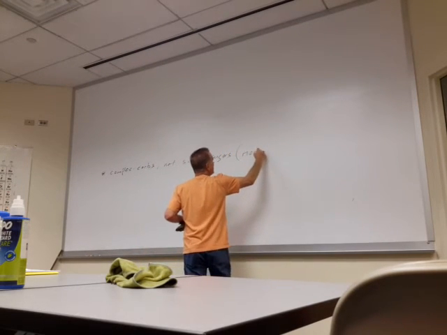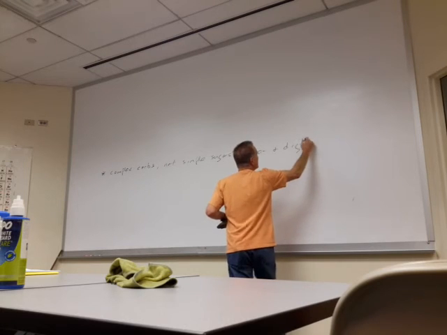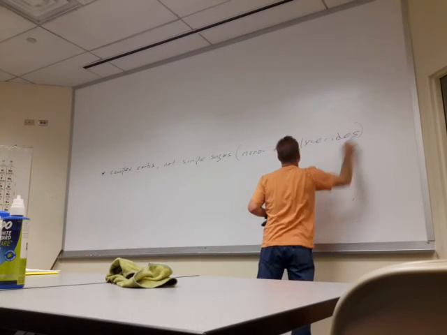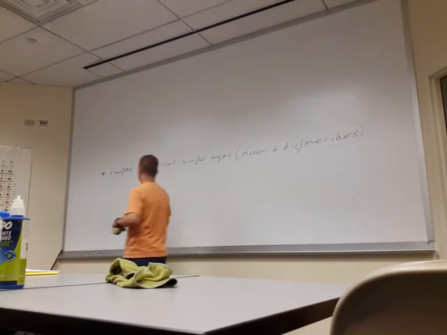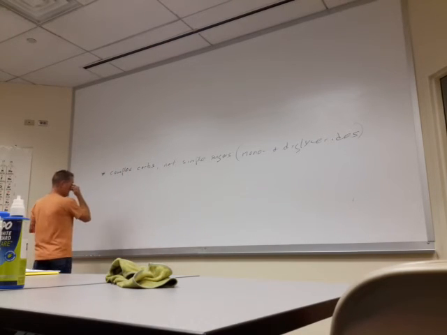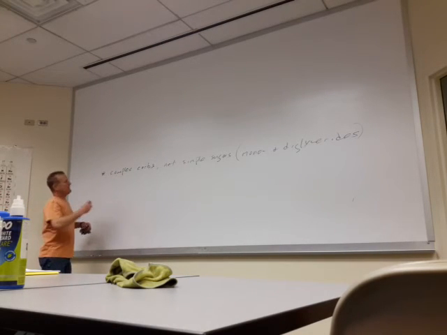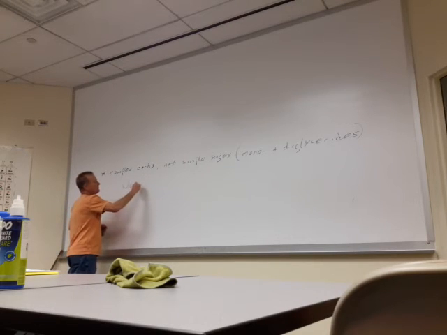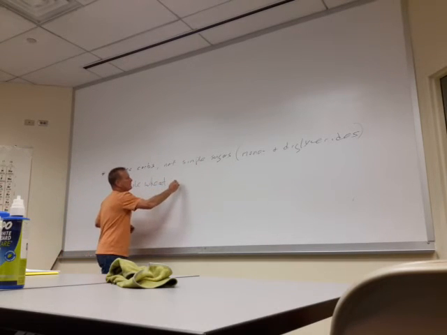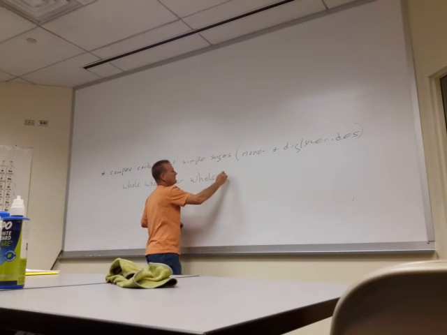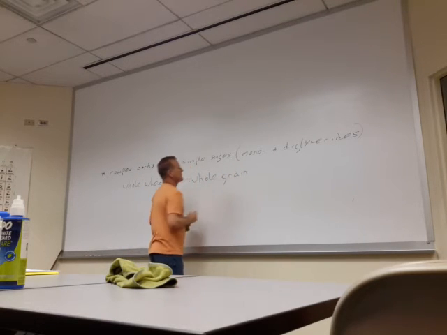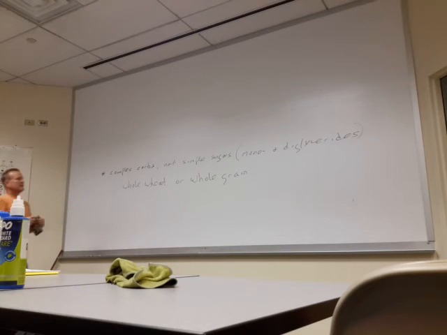Simple sugars are the mono and diglycerides. That's not what's supposed to be the bulk of our diet. The other point to be made here, the first word or words on the ingredients should be whole wheat or whole grain.